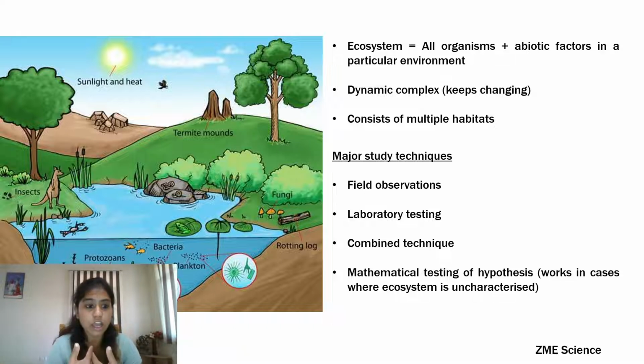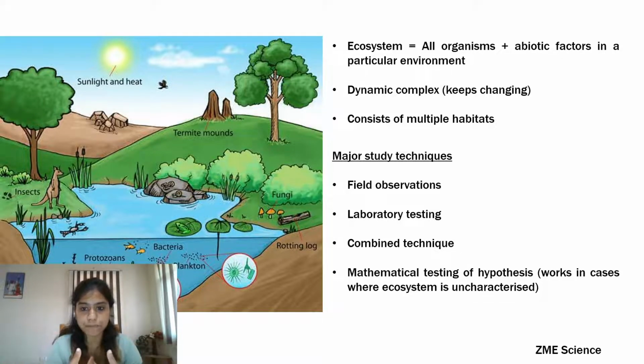They keep changing from day to day, and even within the same day there are a lot of changes in the abiotic factors. For example, it may rain, and the rain may change the microhabitat a little bit, so some organisms might come out after it rains, and some might not. So the ecosystem keeps changing, and hence it's a dynamic complex because of these different interactions with the abiotic and biotic factors.